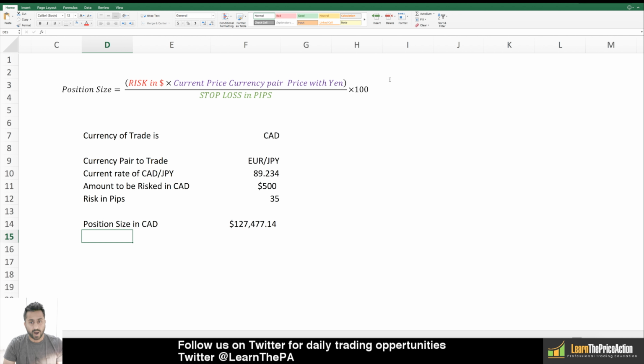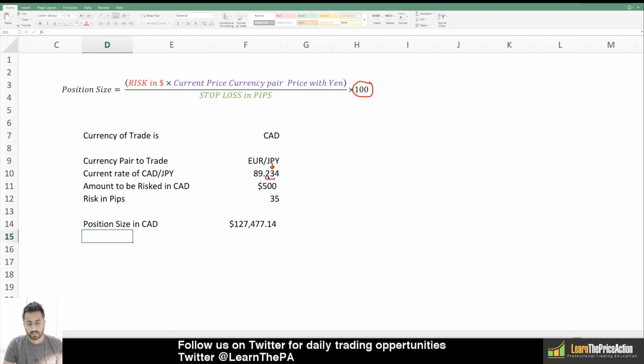Now, why am I using 100 here? The reason I'm using 100 is because all the yen pairs have their pips start from the second unit right here. So it's tens and hundreds. That's where the pip is.